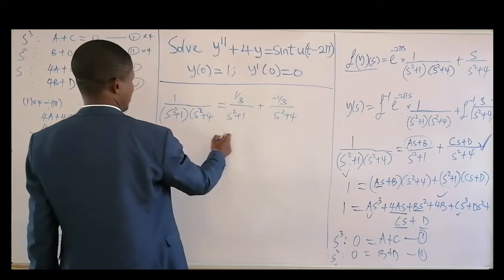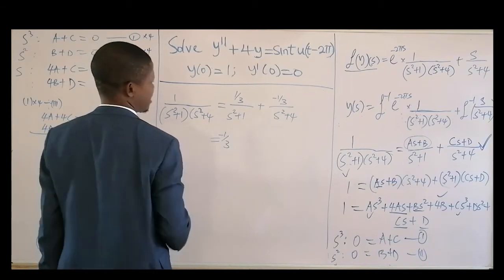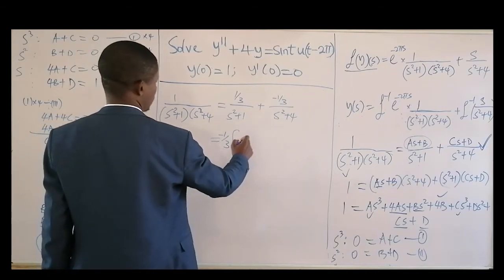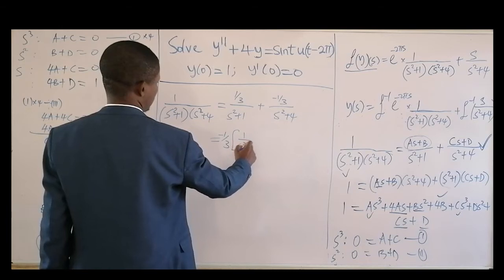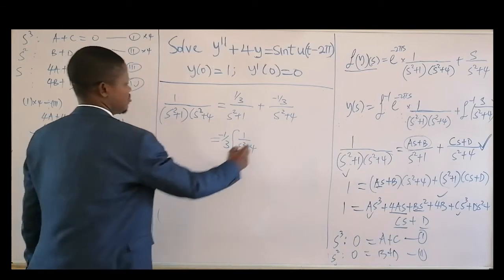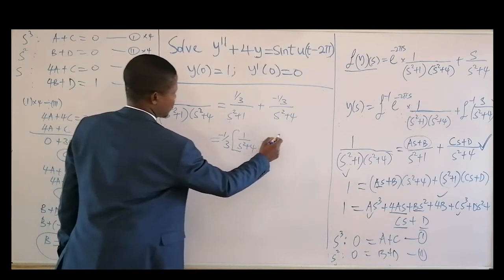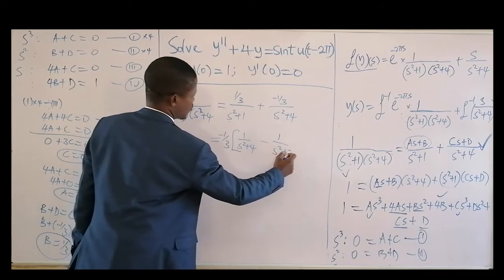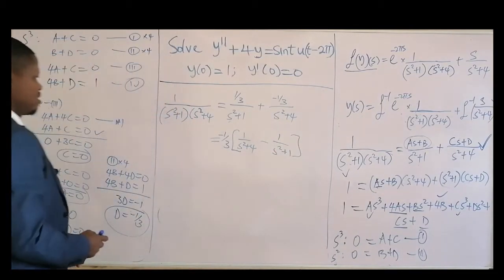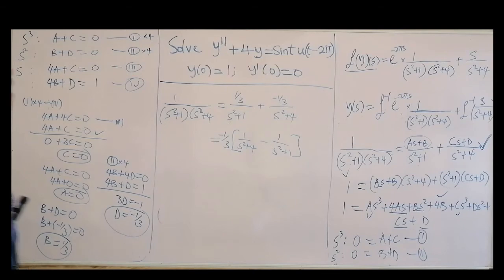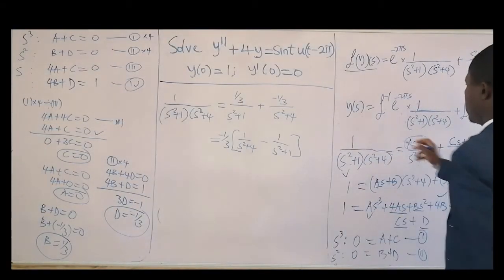We can take 1/3 outside, and that will be equal to 1/3 times [1/(s² + 1) minus 1/(s² + 4)].